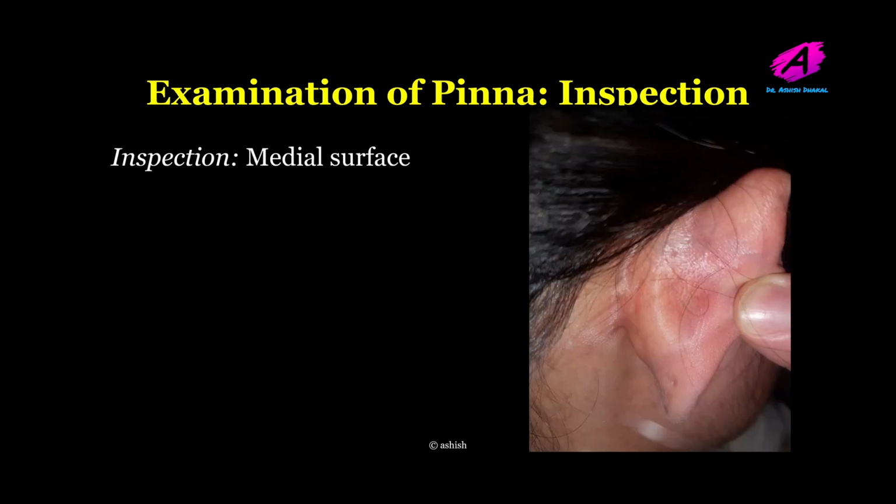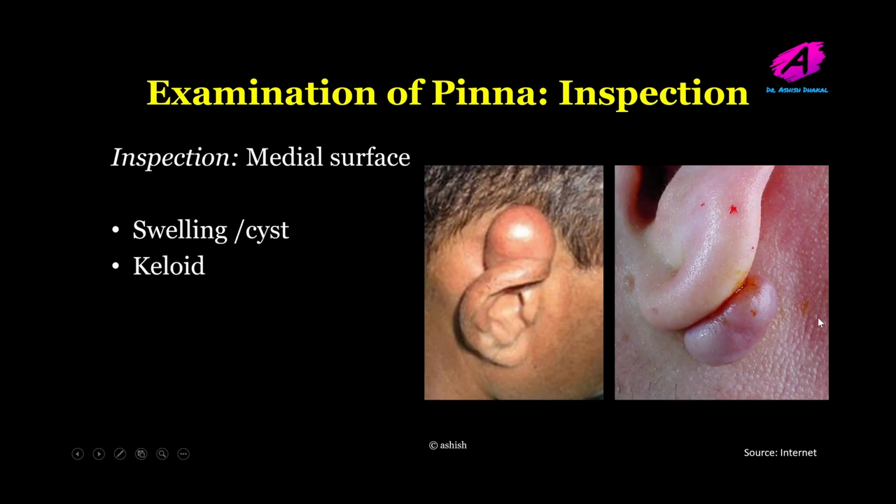Then let's move on to inspection of the medial surface. This is the medial surface of the pinna. In the medial surface, you have to check whether there is any swelling or cyst or presence of keloid in the pinna. Swellings and cysts may be congenital, may be benign, or sometimes malignant conditions as well.